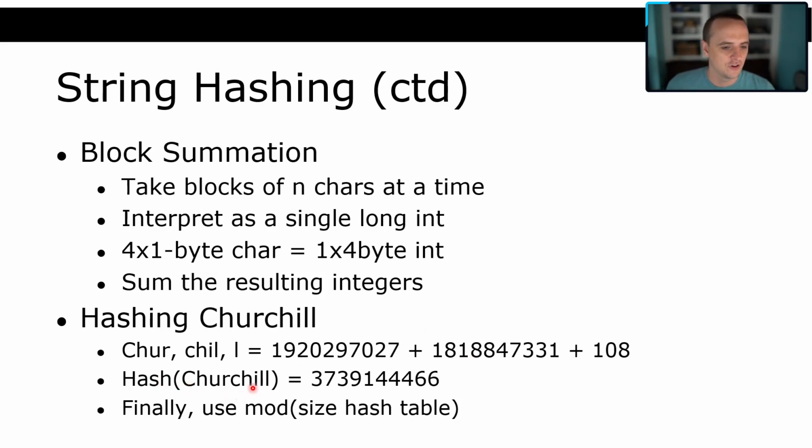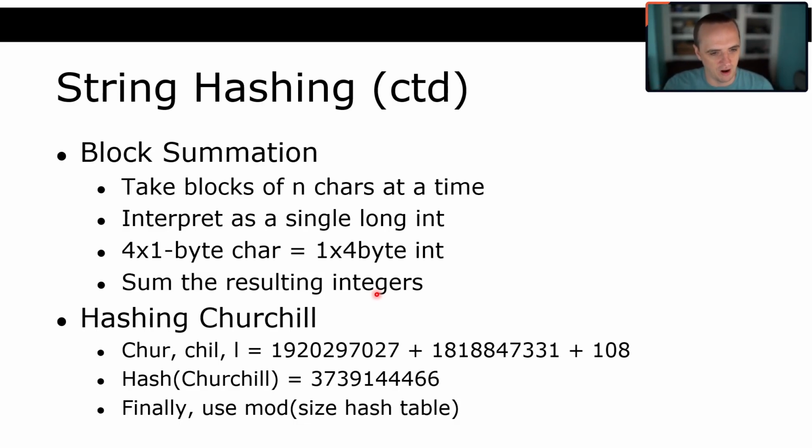So the hash of Churchill would now be different than other anagrams of Churchill. However, something like Churl would hash to the same value, right? So we're getting a little bit better, but a lot of really good hashing functions that are more secure do lots of bit fiddling and block summation and stuff like that.